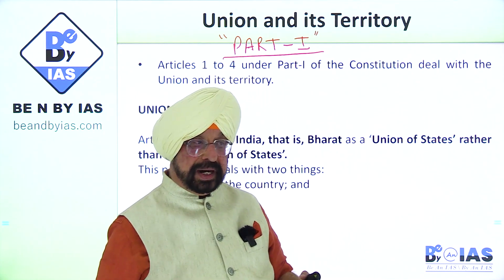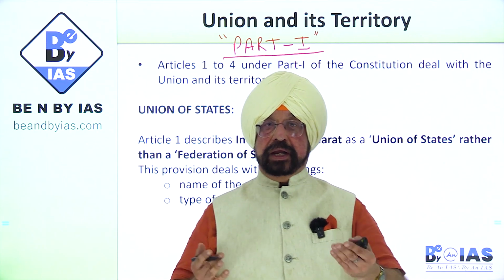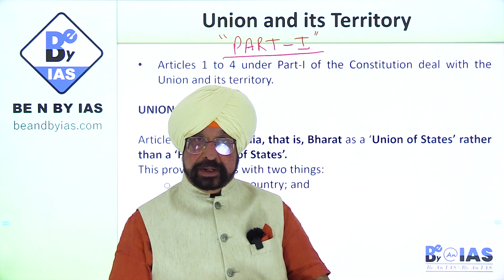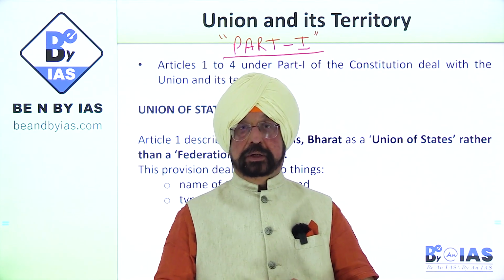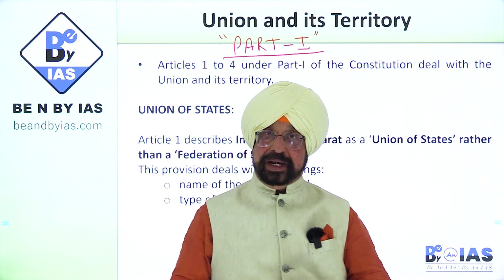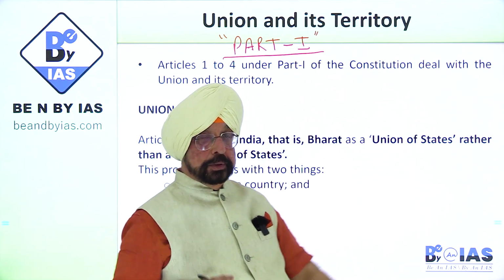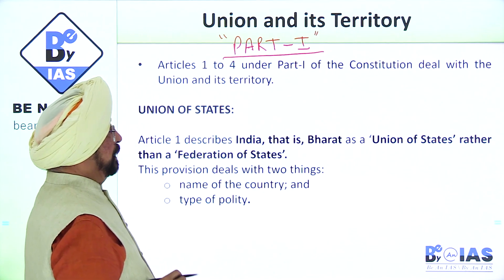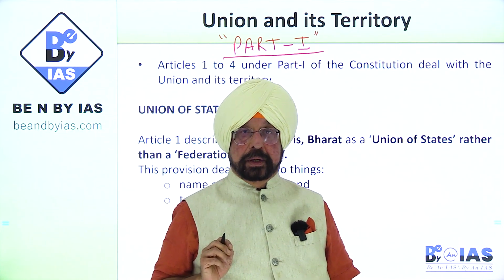So, the first part deals with what will be the name of the nation, number 1, what will be its structure in terms of territory. That is why I say union and its territory. So, let us start with the first part, that is the name.